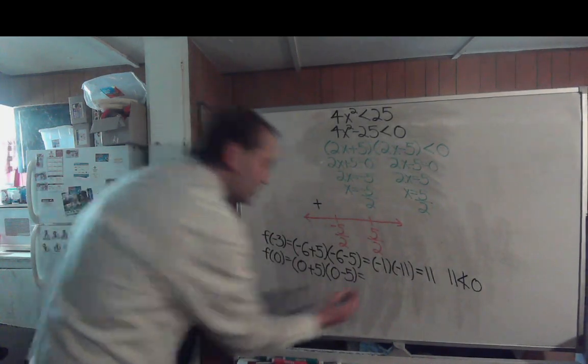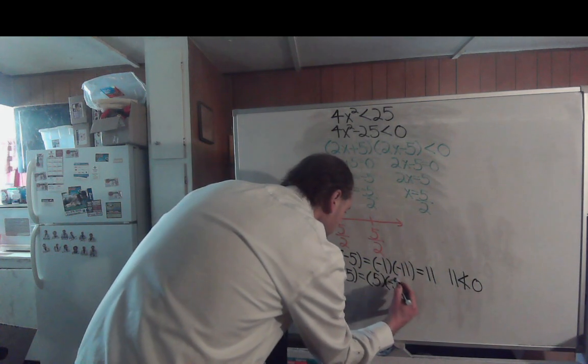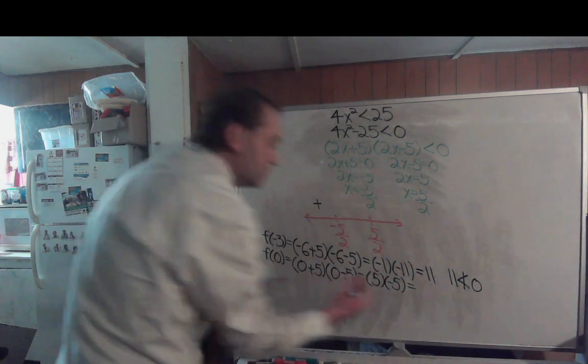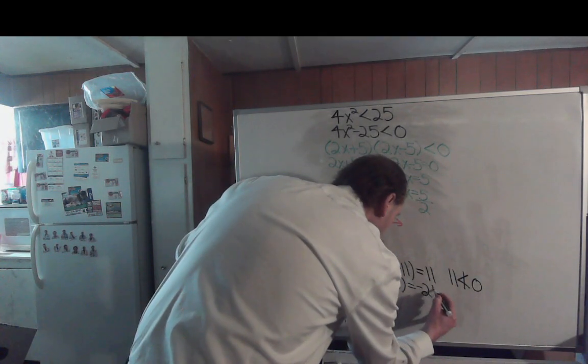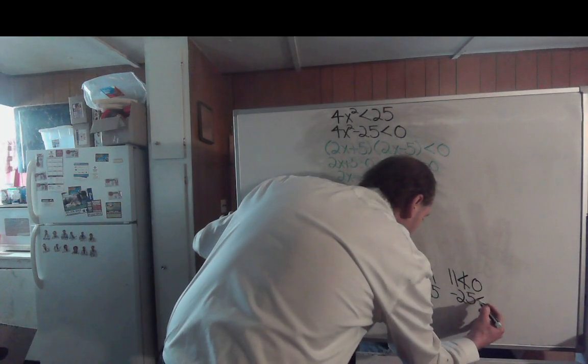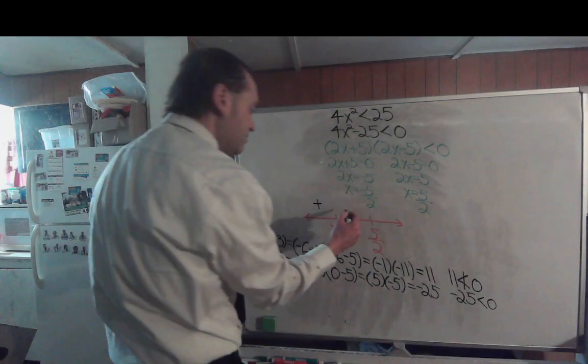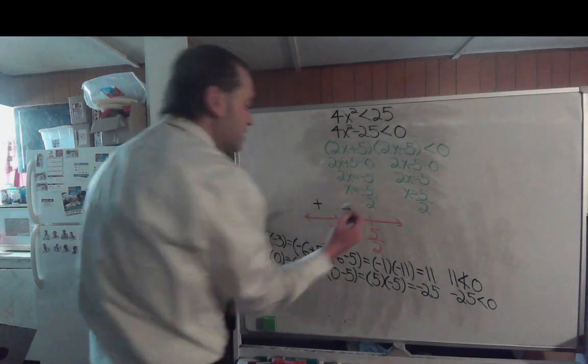This just turns into 5 times negative 5, which gives you negative 25. It's clear that negative 25 is less than 0, which is what we're looking for, right? So put a negative sign there.